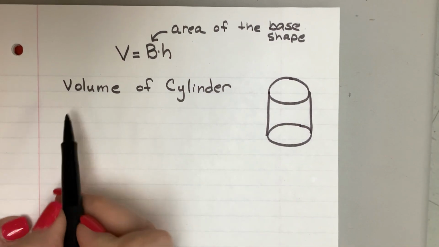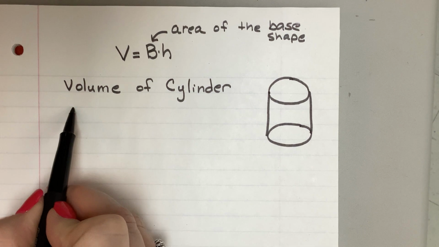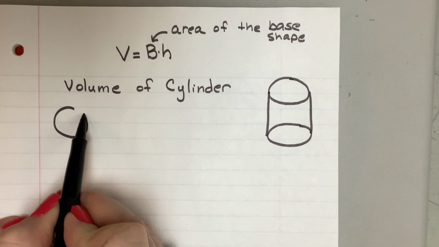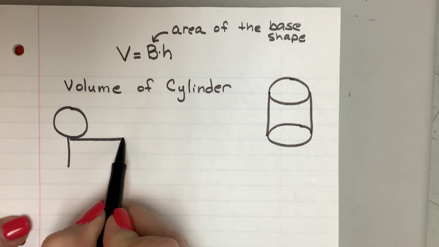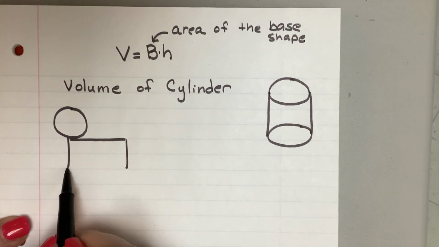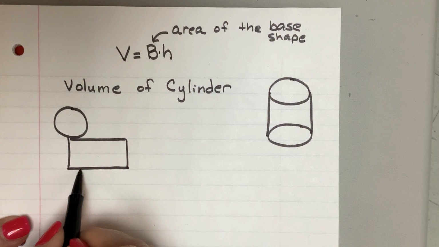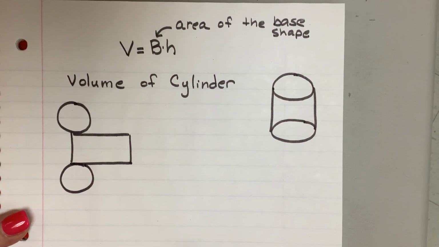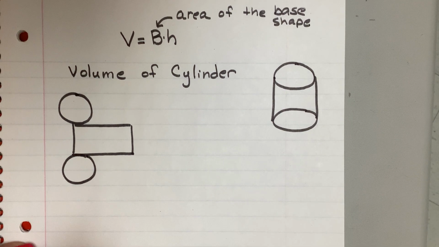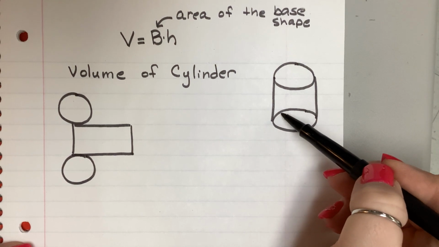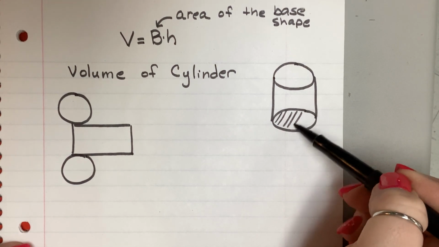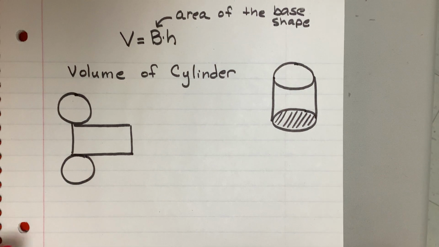So your net that you've learned in years past, you have two circles and a rectangle to make up the cylinder. The big thing you have to remember about a cylinder is the base shape is a what? A circle.